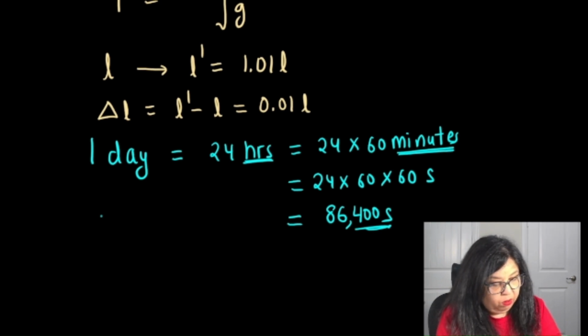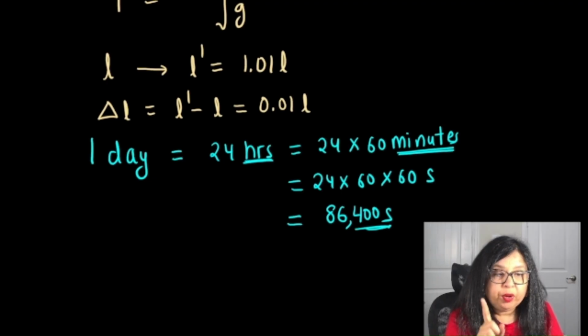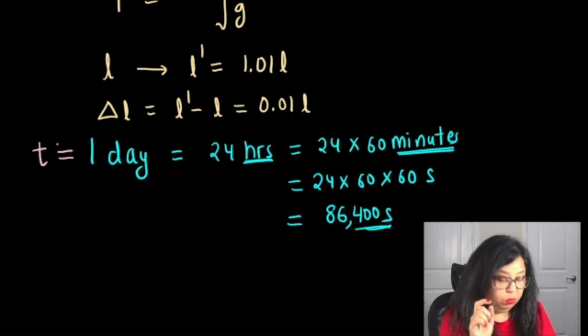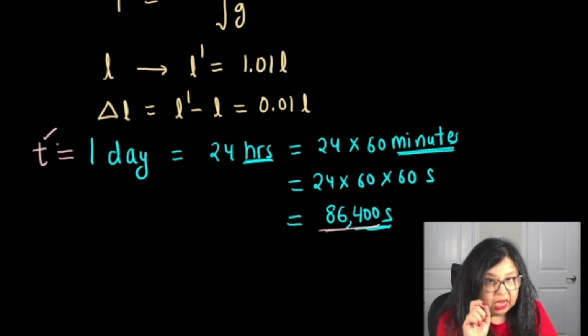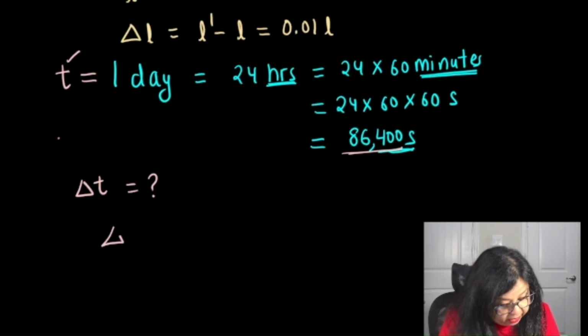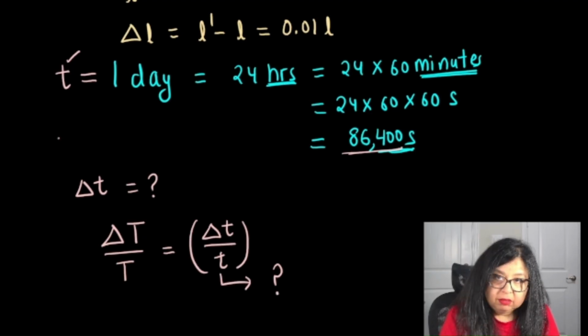Okay. Now, I want to know the error in the time recorded by this clock per day. So in 1 day, it is measuring time equal to lowercase t, which is 86,400 seconds. For measuring this much time, what is delta t? Now, I do know one thing that I have shown before, that delta uppercase T over uppercase T equals delta lowercase t over lowercase t. Correct? Alright, so I want to solve for this right hand side. Why?